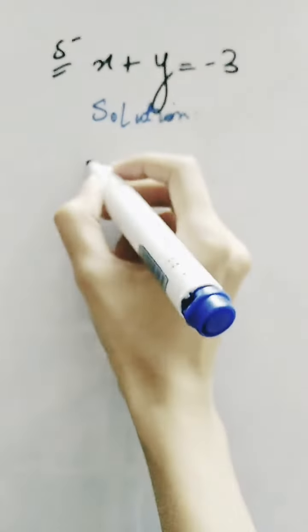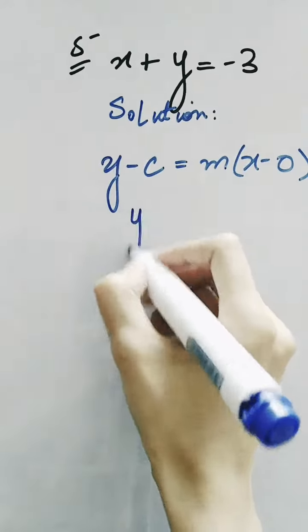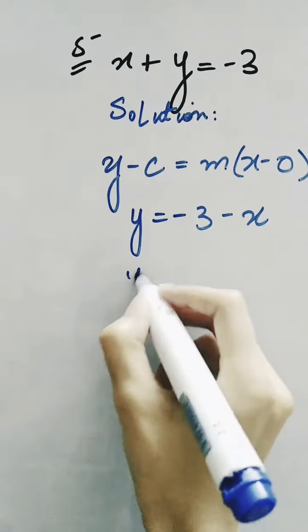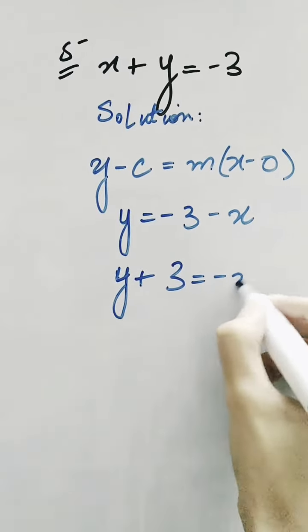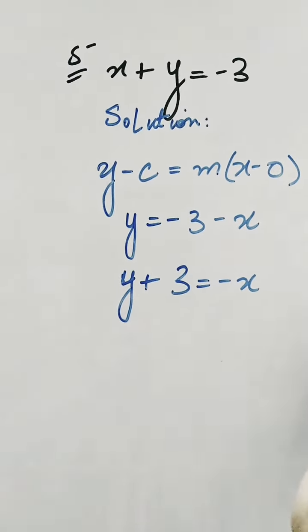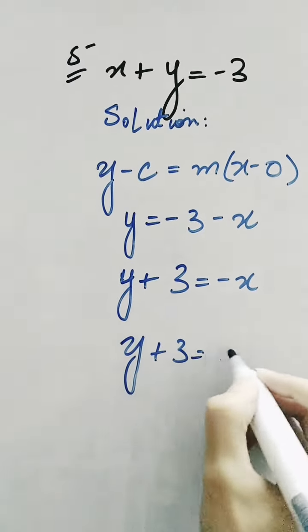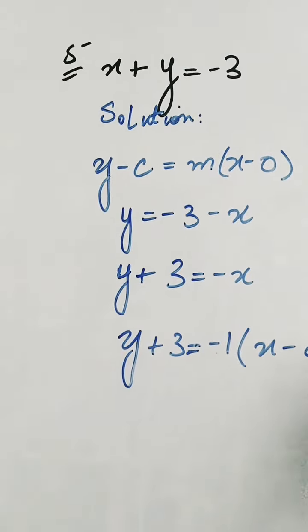Now look at another question. Here we arrange the equation y equals minus 3 minus x, or y plus 3 equals minus x. So here we have y plus 3 equals minus 1 times (x minus 0).